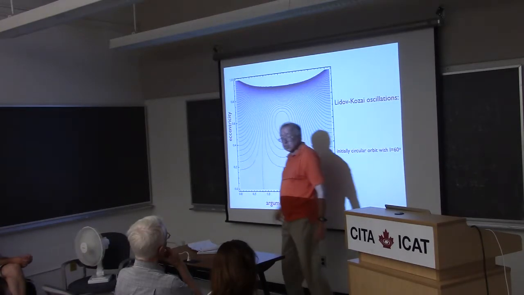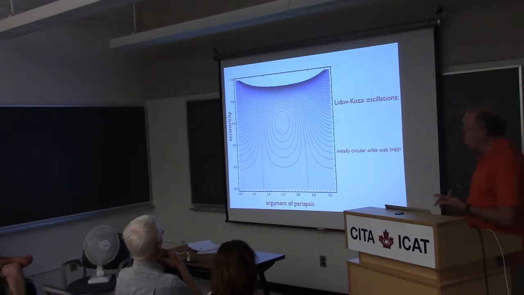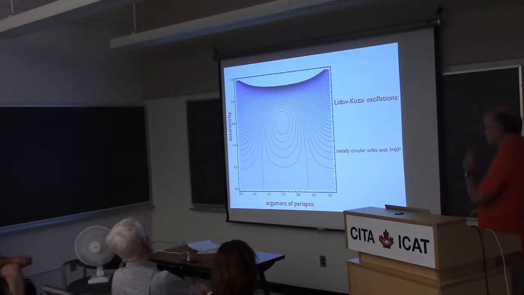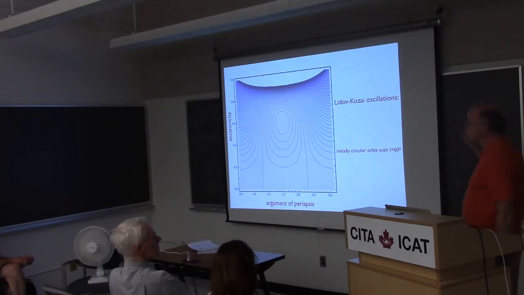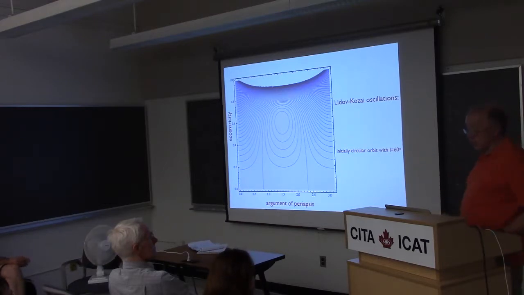And in that case, you still get an oscillation. Another remarkable thing about this is that all of this could have been done by Laplace, right? Laplace understood all of these tools perfectly well, and as far as I can tell, they just didn't do it because they weren't interested in things with large inclinations and eccentricities.